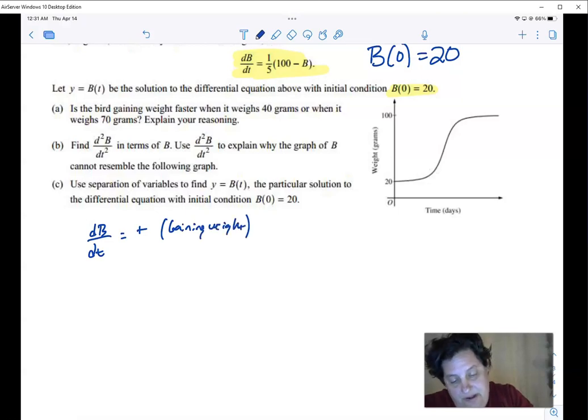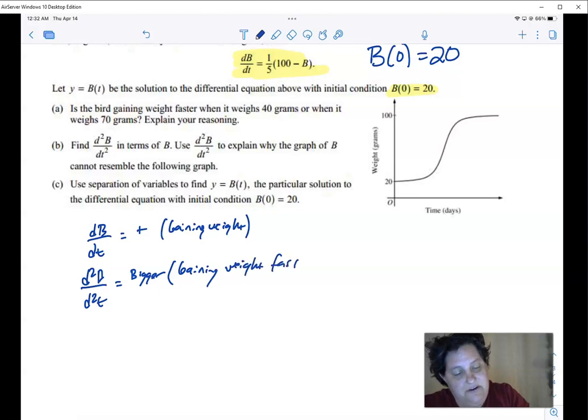Now, if the second derivative, I guess I would say whichever one is bigger would mean it's gaining weight faster. I'm actually thinking about the physics stuff: gaining weight would be like velocity, and gaining weight faster would be like acceleration.